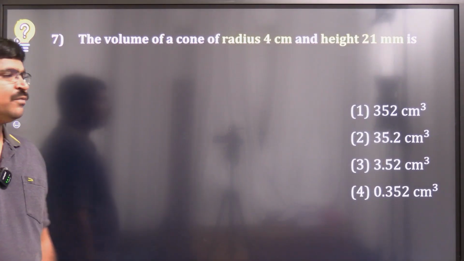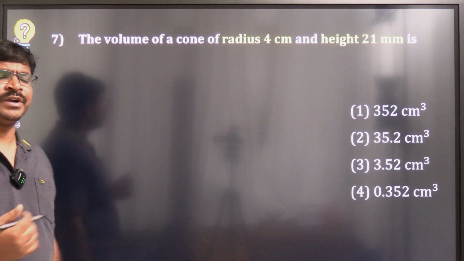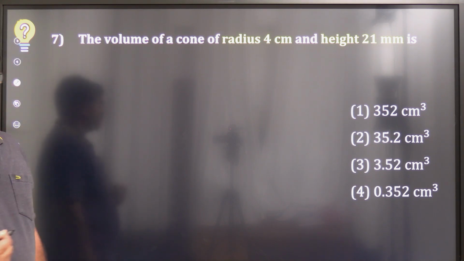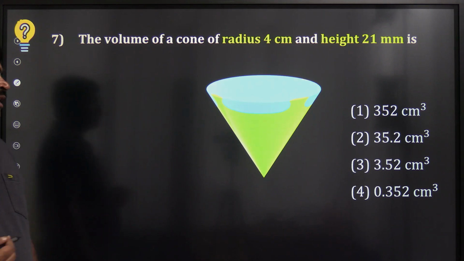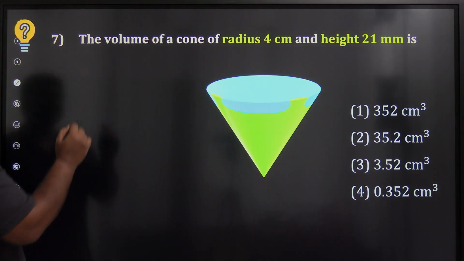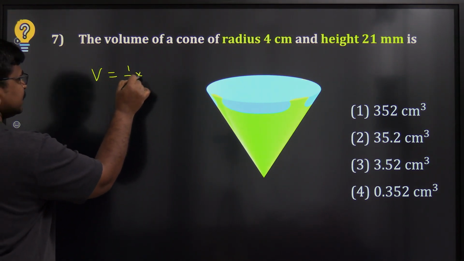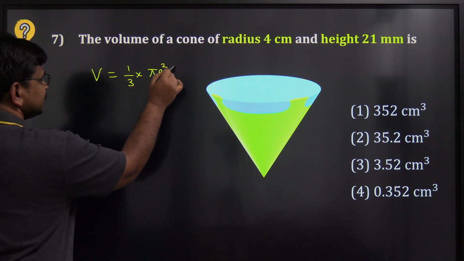The volume of cone of radius 4 centimeter and height 21 millimeter. Observe carefully here. Here the given cone is something like this, and we are interested in the volume. So volume is 1 by 3 times area of the base, pi r square, times height.